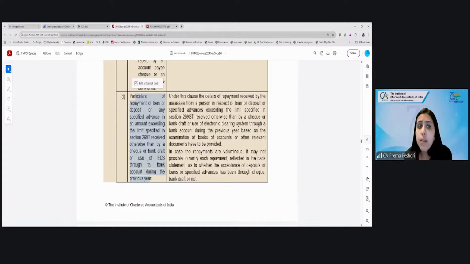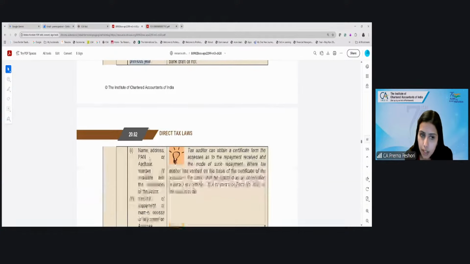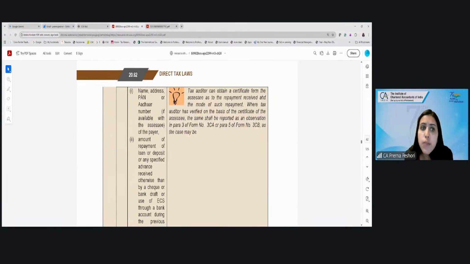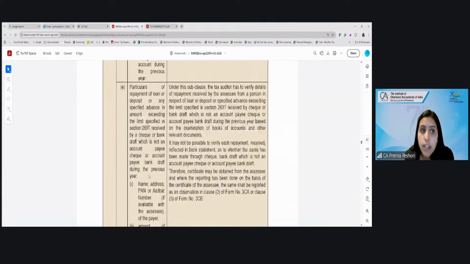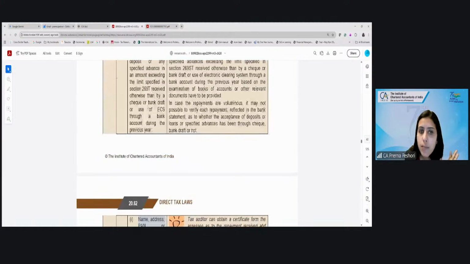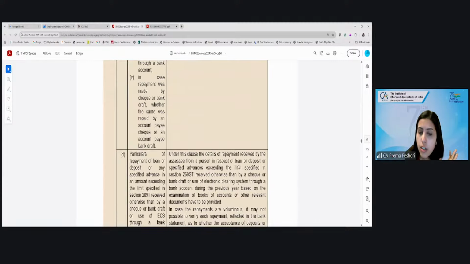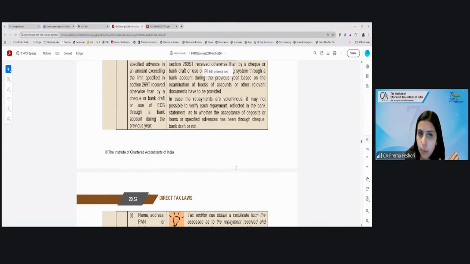And here it is asking about what is the exact amount of that. So again here you have to put the name, address, PAN, amount of the repayment or advance which is otherwise done by an account payee check, that you need to mention under this particular point. So here the details of the repayment received by the assessee from a person in respect of the loan or deposit or specified advances exceeding the limit otherwise than by account payee check has to be reported in the D point.